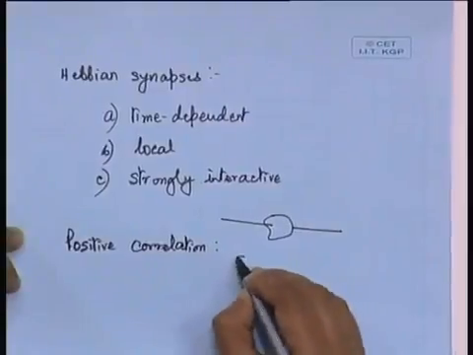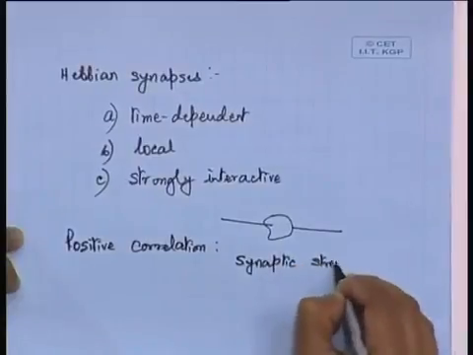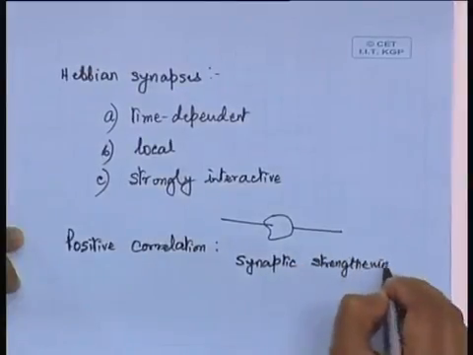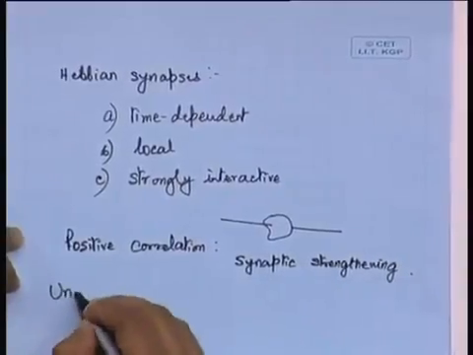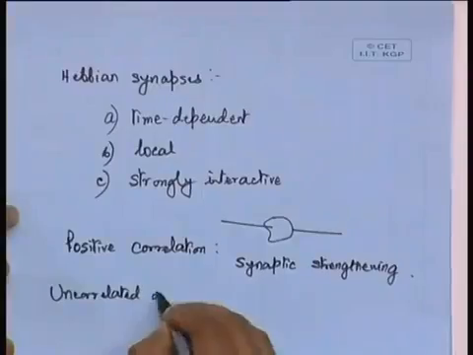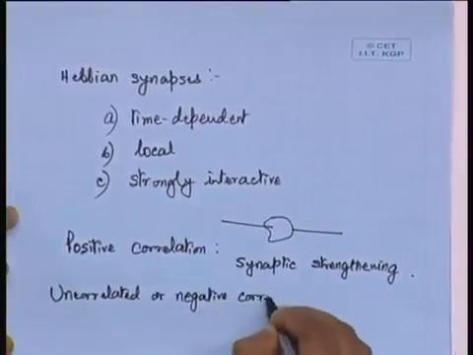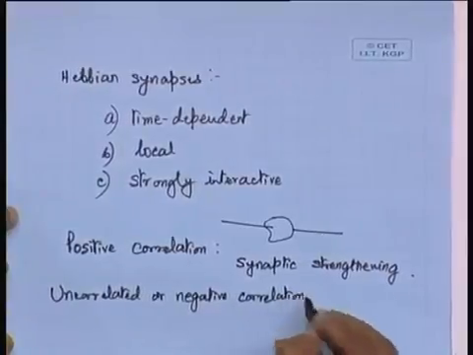Now, as we had already shown, if the presynaptic and the postsynaptic neurons happen to be positively correlated, then the positive correlation leads to a synaptic strengthening, whereas if they happen to be uncorrelated, in the sense that one does not affect the other, or it could be negatively correlated. Supposing we define a binary state of the neurons, it could be in the +1 state or -1 state.